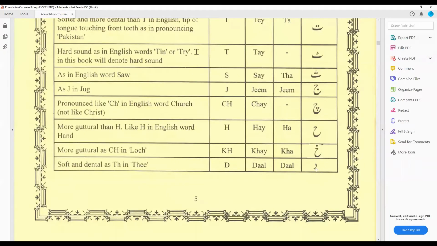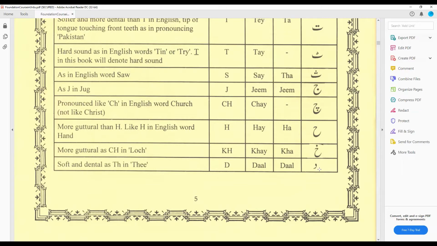And this one is dal. You know dal in Asian curry. Have you eaten it? Sometimes it's dal chawal, dal roti. The lentils, red lentils, black lentils, the thing you cook first and then eat.